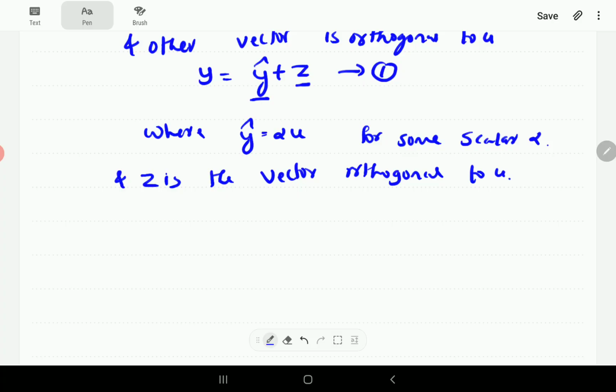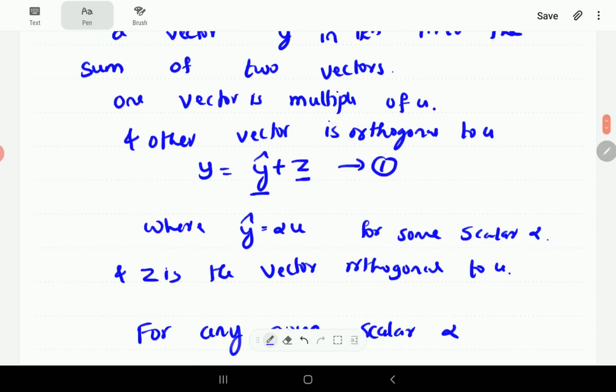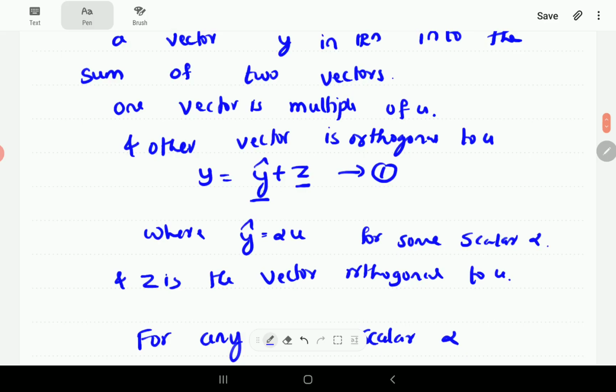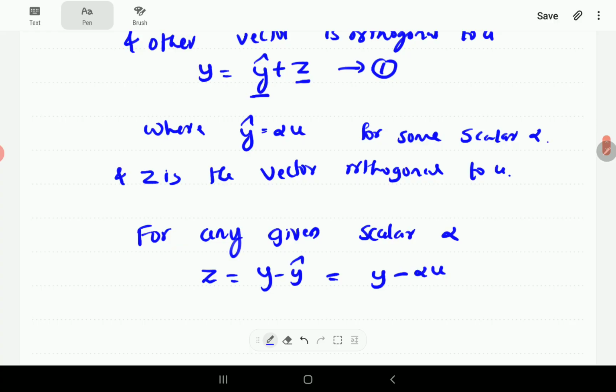For any given scalar alpha, we can write z as y minus y cap, where y cap is alpha times u, so that equation 1 is satisfied.